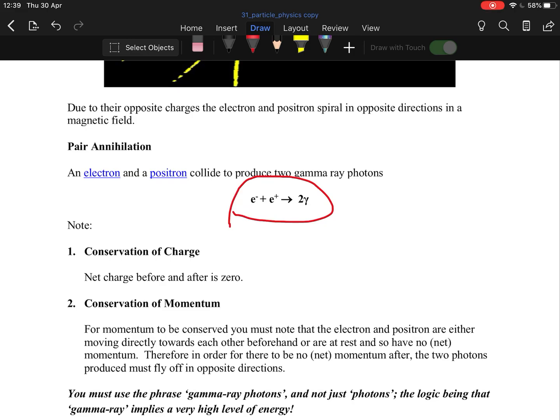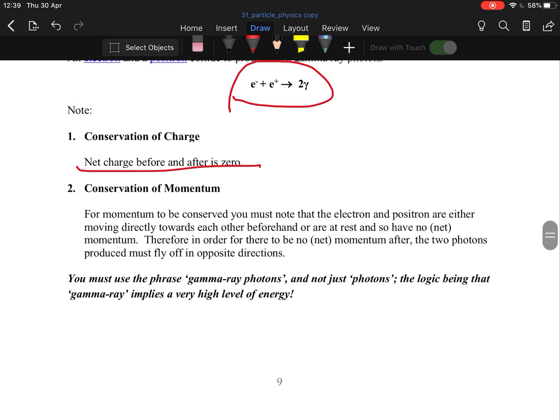Therefore, two gamma rays have to be formed to move off in opposite directions in order to keep conservation of momentum. Also note the net charge is 0.